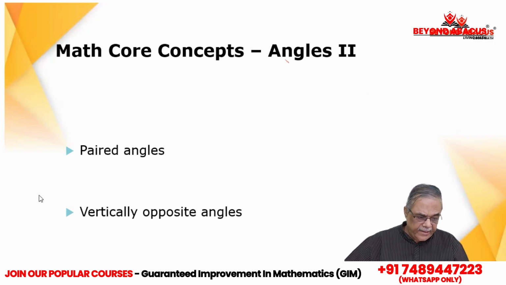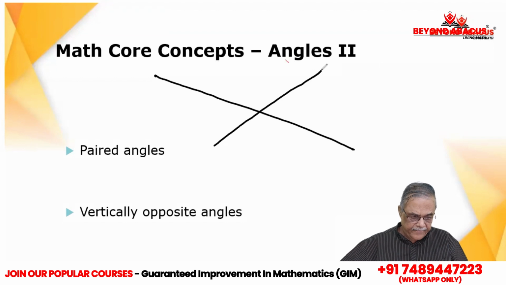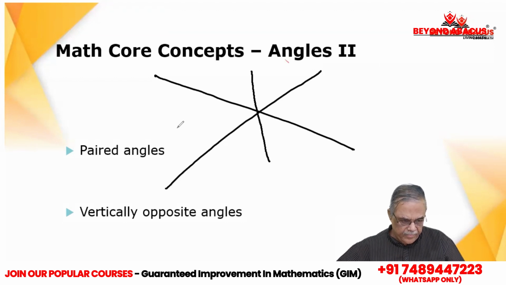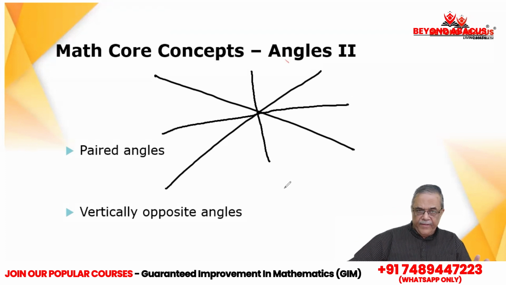So vertically opposite angle means if there are two or more lines, it is also possible that we have many lines, let us say. It will be very confusing for you, but let me show you because it's an important discussion.